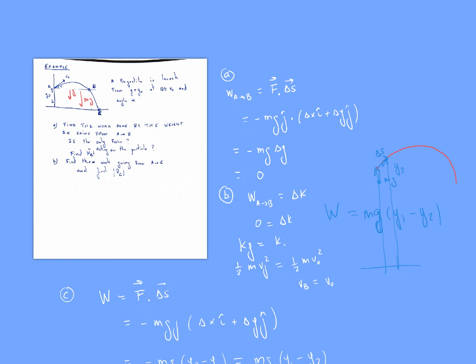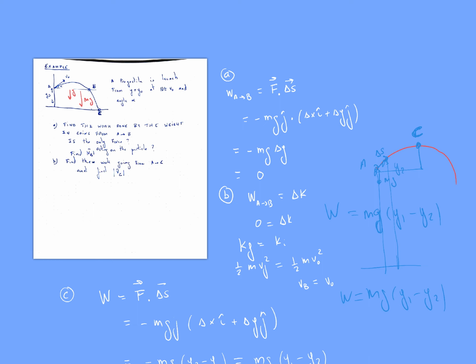So in going from here to here, the work will be mg(y1 minus y2). Going from A to B to C, the work will be negative because y1 is smaller than y2.